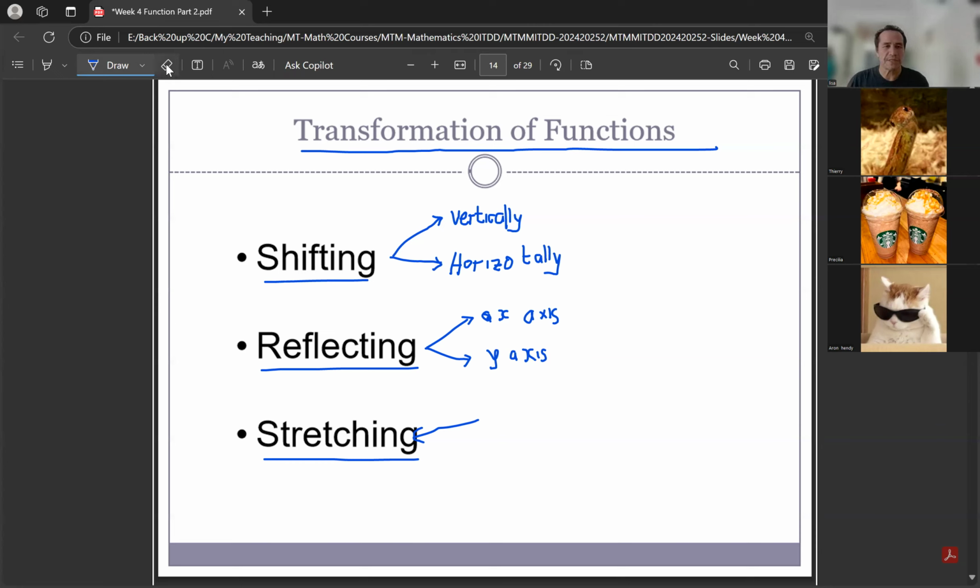And what about stretching? Stretching also has two kinds.